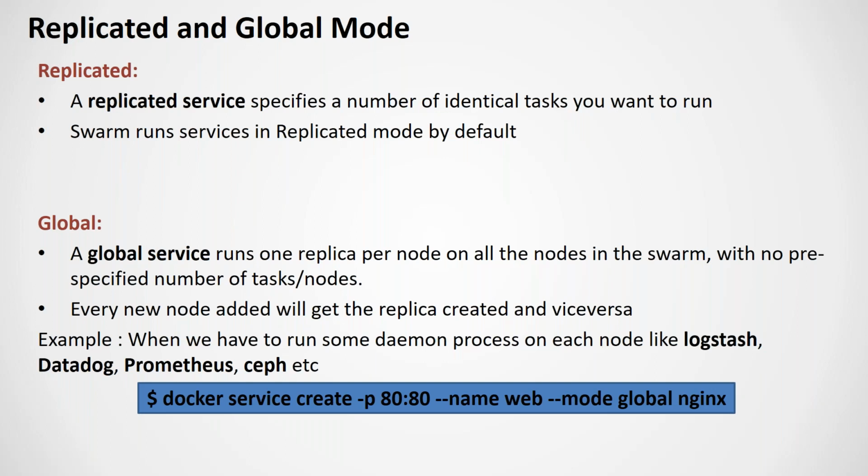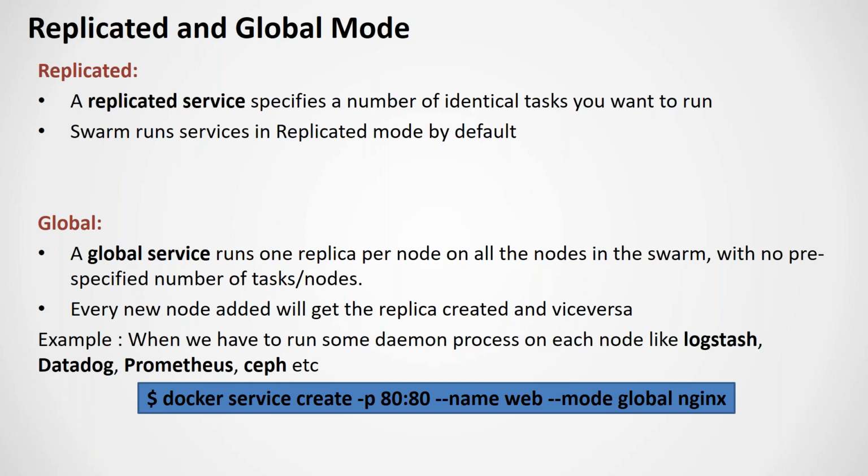I can have an agent of Logstash that will try to get the data. Now, if I want to install and run Logstash on all the machines, instead of doing it myself, I can have an image which has Logstash and create a service in global mode. Then it will make sure the container for your service is running on each and every machine. So for any kind of monitoring that you want to do, or if you want to run some agent on each and every machine of your cluster, you can simply go ahead and run it in global mode.